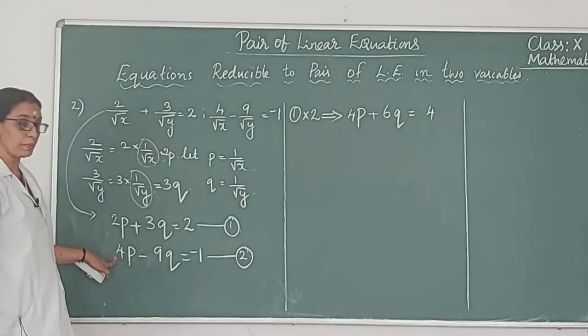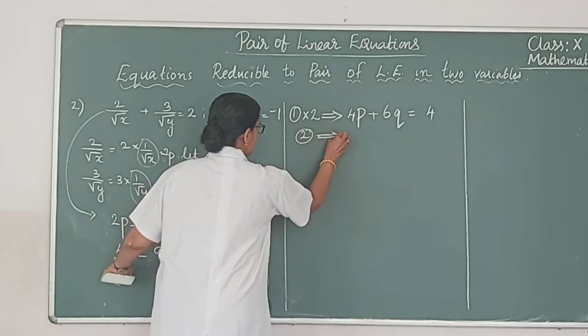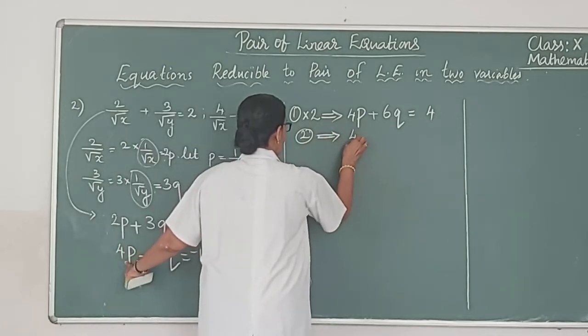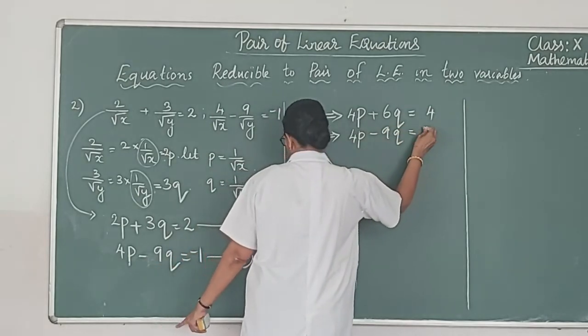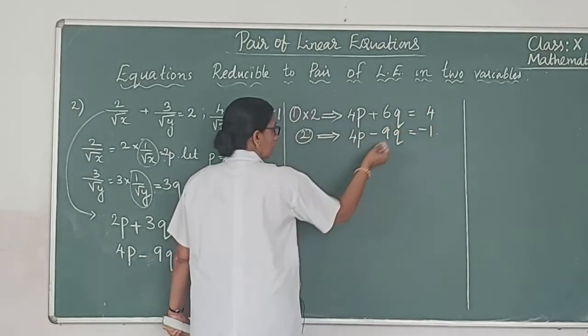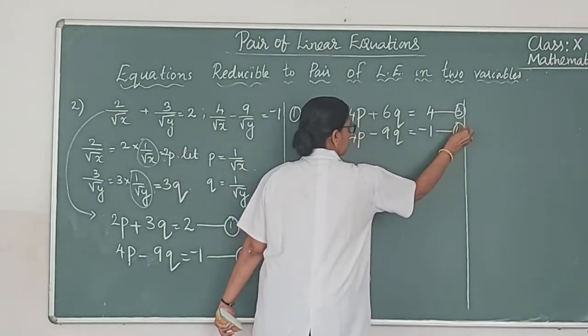So no need to multiply anything. So we can write that second equation as it is. So it is 4p minus 9q equal to minus 1. So this is equation 3 and this is equation 4.